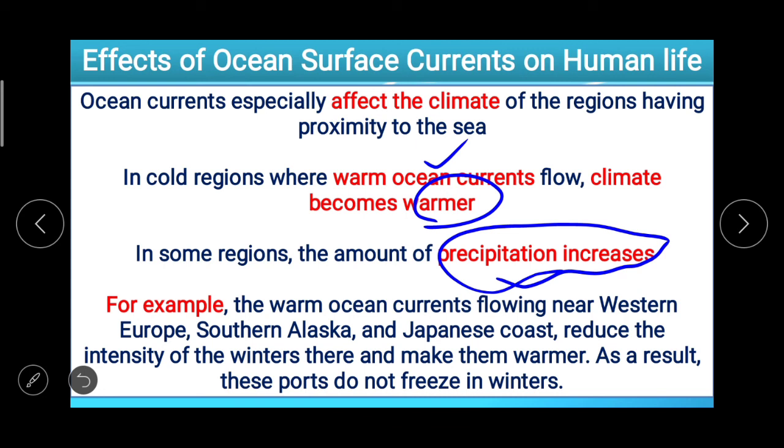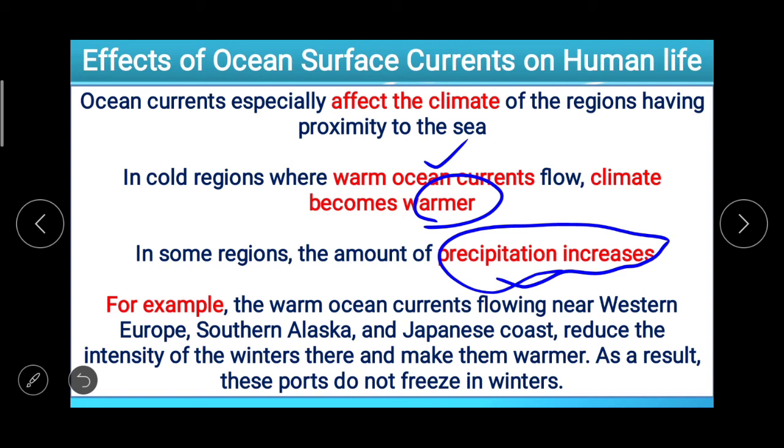For example, the warm ocean currents flowing near Western Europe, Southern Alaska and Japanese coast reduce the intensity of the winters there and make them warmer. As a result, these parts do not freeze in winters.